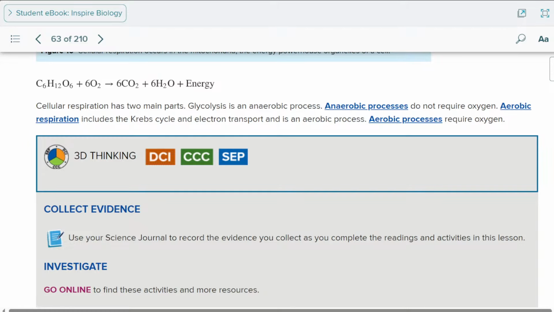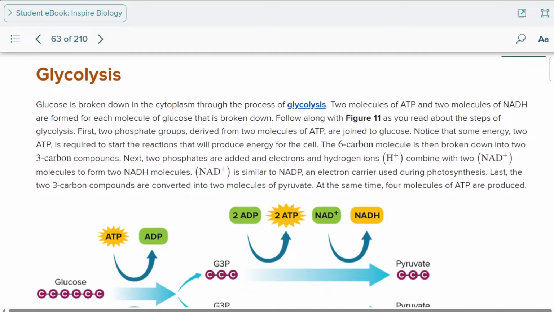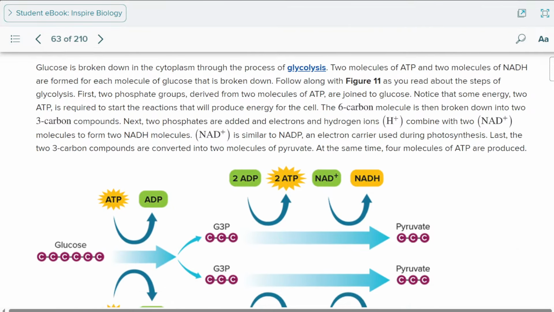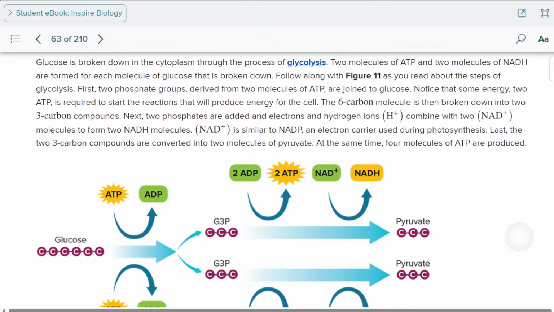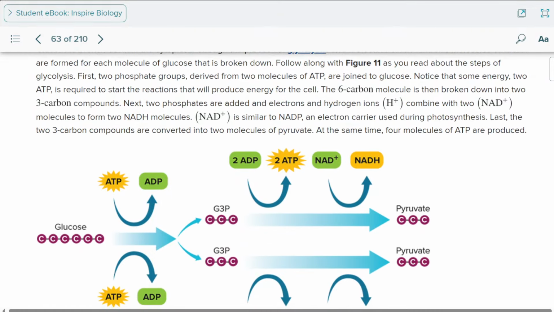Those are aerobic, so you need oxygen to complete them. So we'll get to glycolysis now. Glucose is broken down in the cytoplasm through glycolysis, and 2 molecules of ATP and 2 molecules of NADH are formed with each molecule of glucose that's broken down.